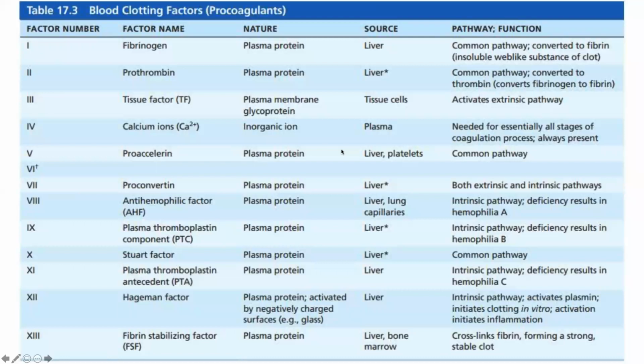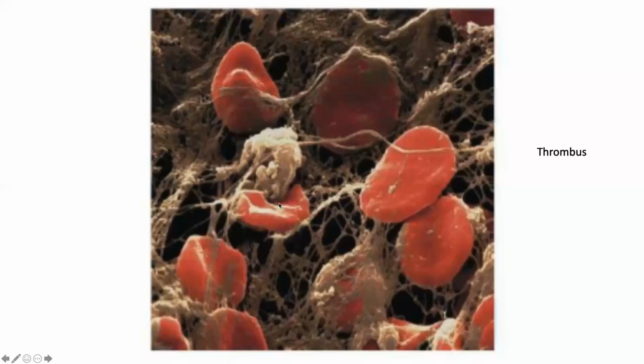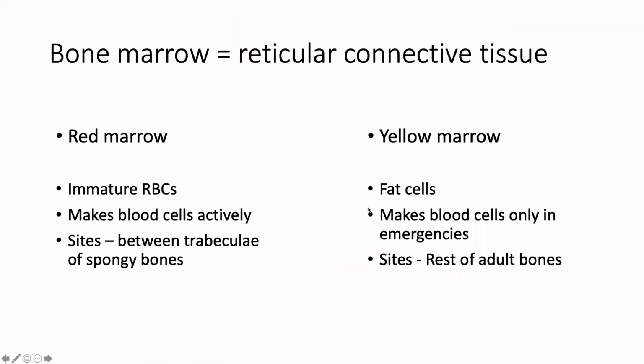So we have 12 clotting factors in our body, and I just wonder it might be worth studying this to some extent. So now we have a thrombus plaque, which is made of fibrin, and RBCs are trapped in the thrombus.